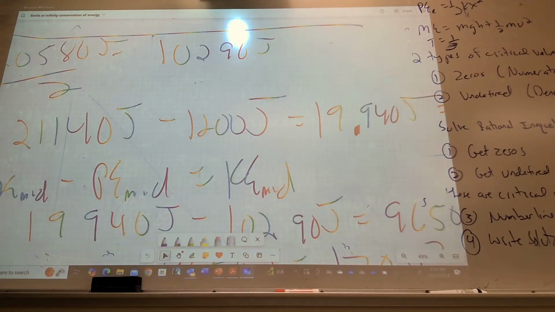Did you get your mechanical energy in the middle right? 19,940. And I think my calculator messed up, because I did the same things y'all did and it didn't come out right. I subtracted 1,200 from the original, and it didn't pop up right.